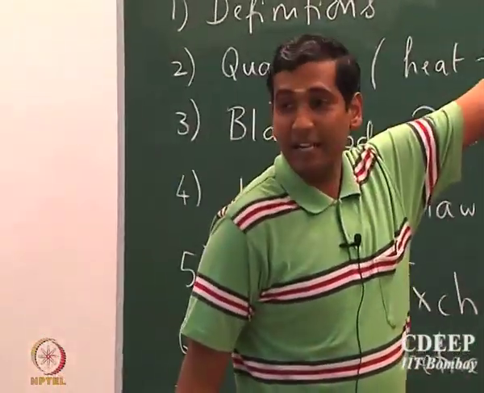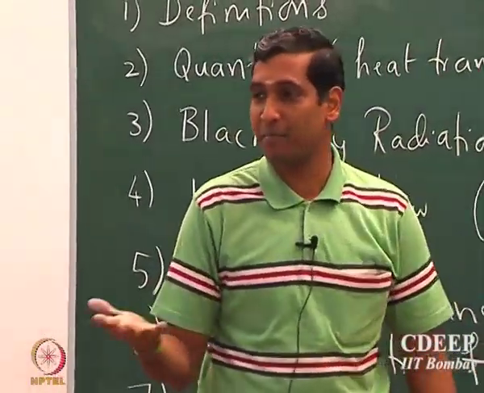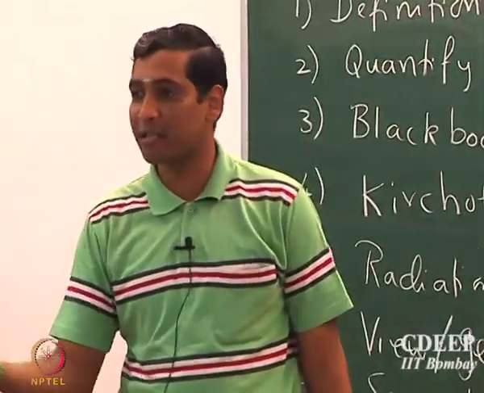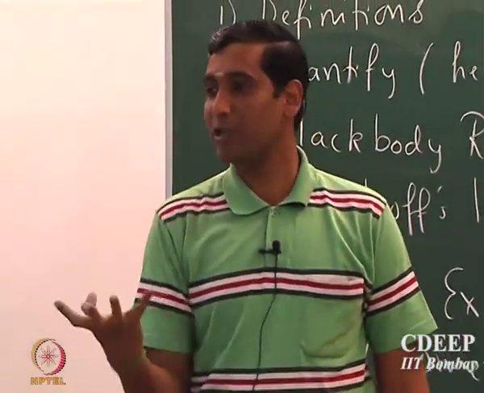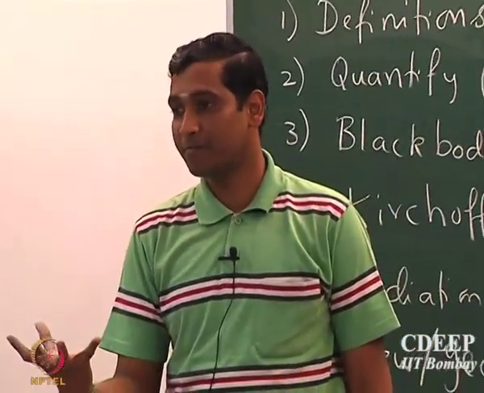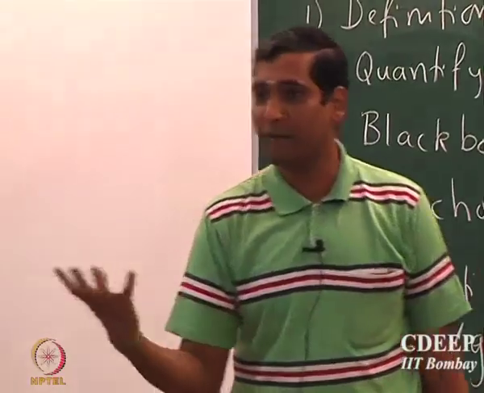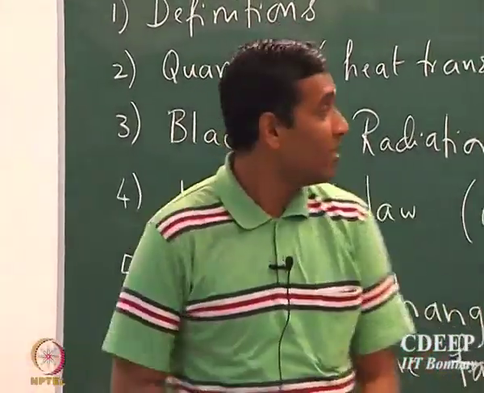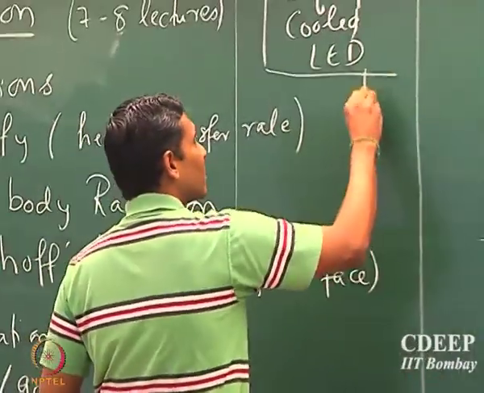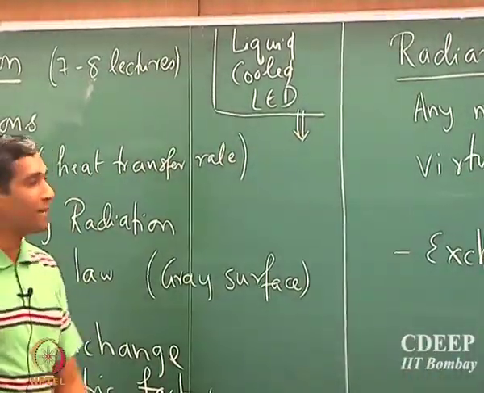So the life of an LED lamp is dictated by how one can control heat transfer, how one can keep the chip below the LED at a normal temperature. If one is able to do that, you can have a longer life for the LED.